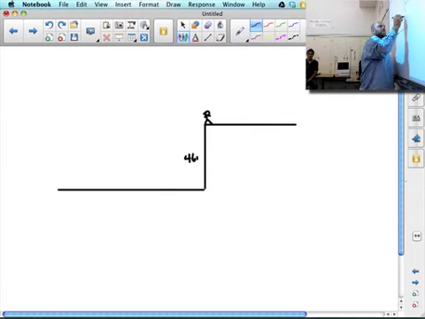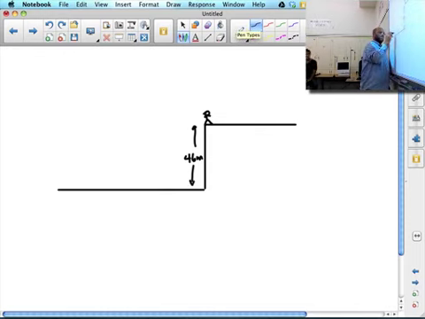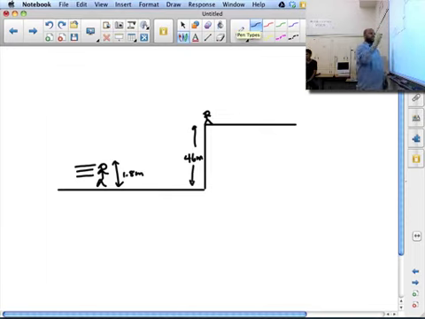Your physics teacher, who is 1.8 meters tall, is walking towards the building at a constant speed of 1.2 meters per second. V equals 1.2 meters per second.